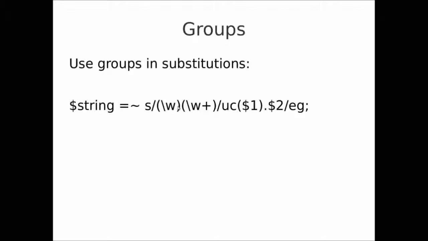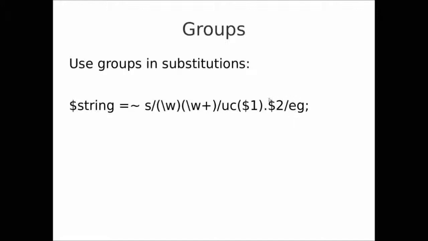We're going to remember that, so that's going to be in $1. And then we're going to match more than one character, and we're going to remember those, and that's going to be in $2. What we're going to replace that match with is uppercase $1 joined to $2.